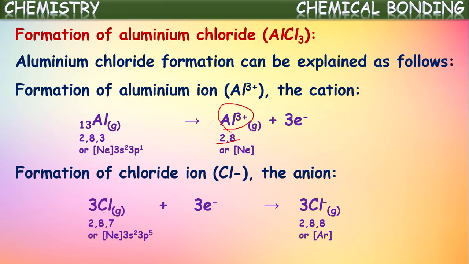So each chlorine atom gains one electron and converts into a uni-negative anion with the configuration 2, 8, 8, which is the stable electronic configuration of argon. So in this way, each aluminium atom loses 3 electrons and forms the tripositive electropositive ion, and each chlorine atom gains 1 electron and forms a uni-negative anion.